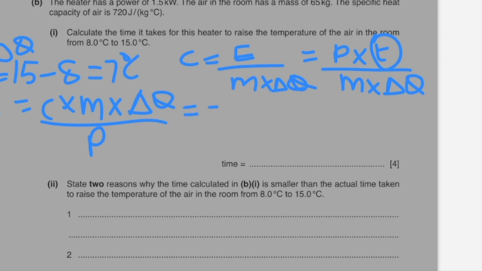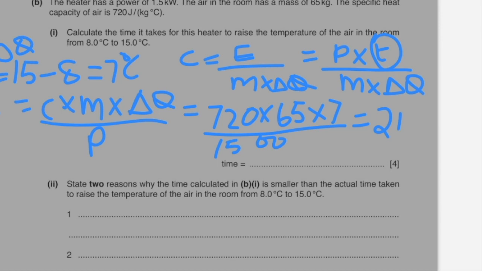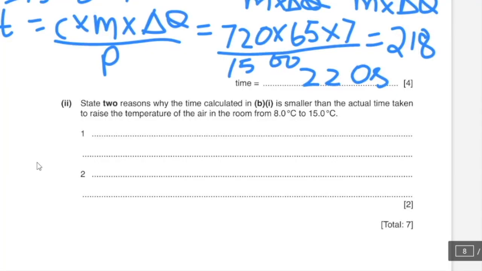So we have 720 times 65 times 7, and the whole fraction divided by 1500. And so the time is going to be equal to 218 seconds, which corrected to two significant figures is 220 seconds.